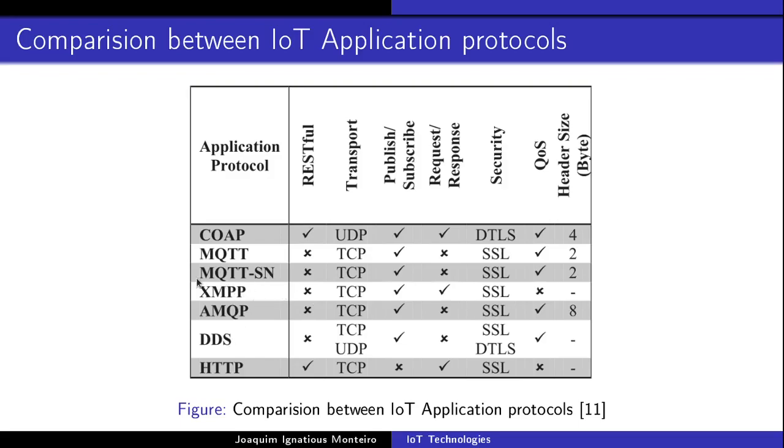So, comparison. This is one particular variant which we didn't mention. This is for sensor networks, MQTT for sensor networks, that is SN. That is what the transport protocols are outlined here. TCP, CoAP is using UDP, whereas HTTP is there always. RESTful internet is only provided by CoAP. For security, that is datagram transport layer security, others provide SSL, secure socket layer.